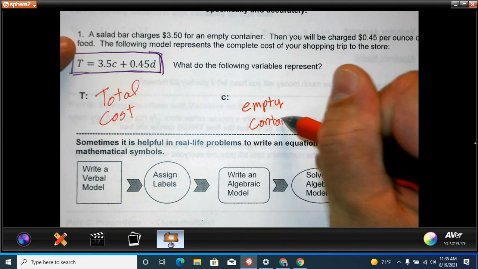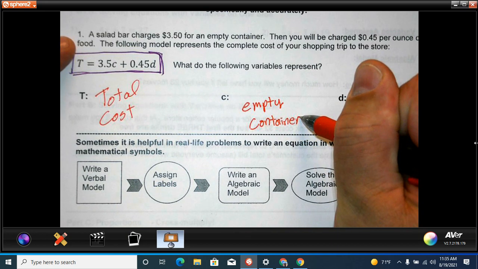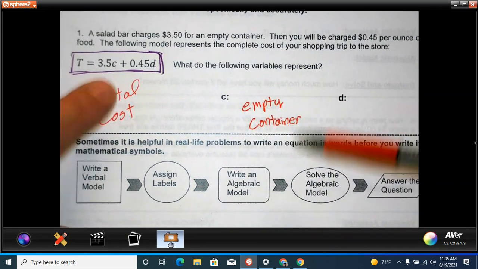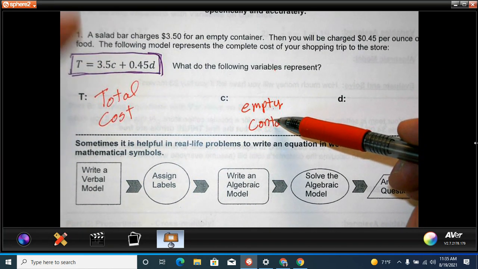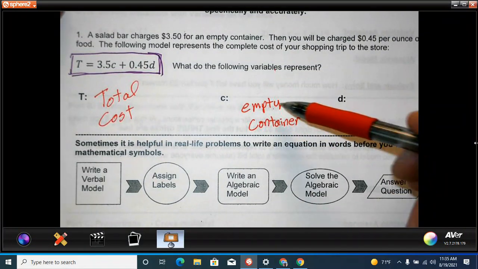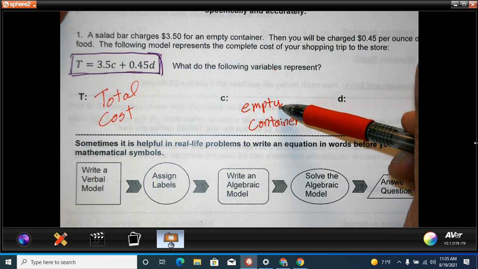Well, let me ask you this. Because they're asking for the variables, what does a variable represent again? A number? A value, right? A number. Okay.